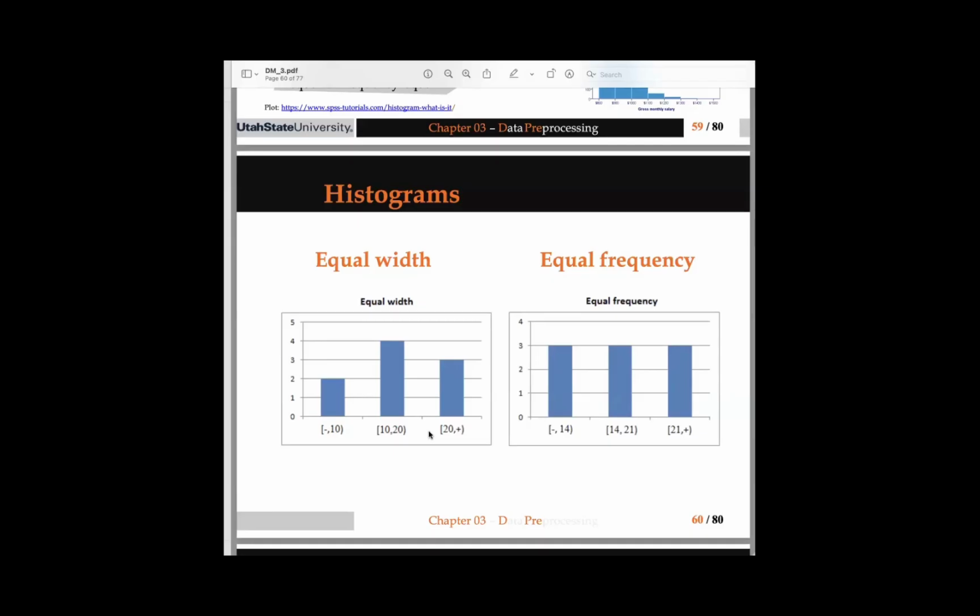This is my equal width histogram, but it can perform poorly when the data distribution is highly skewed, right? For highly skewed distributions, we might want to use something else. In an equal frequency histogram, each bin contains the same number of data points. This approach is better for skewed data, but it might produce bins with very different widths as well, right?